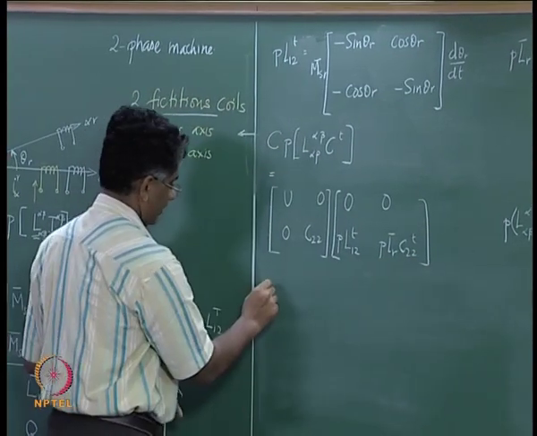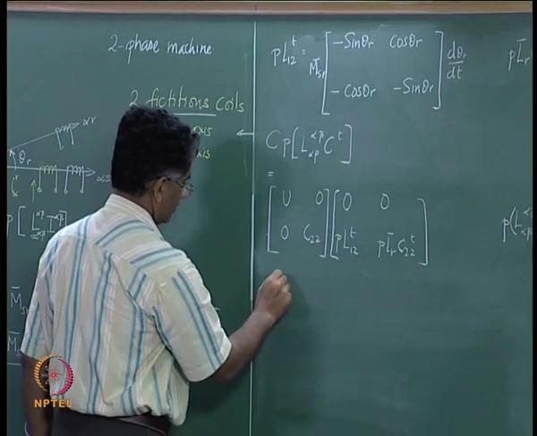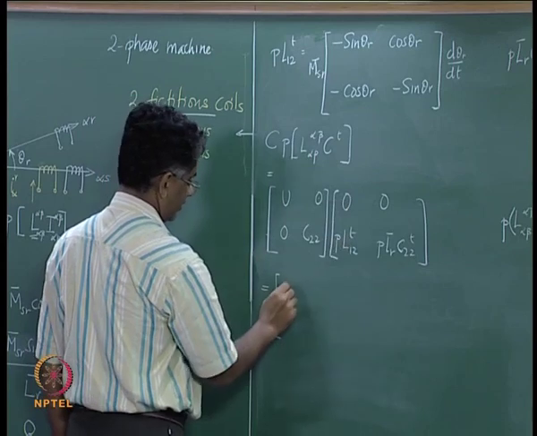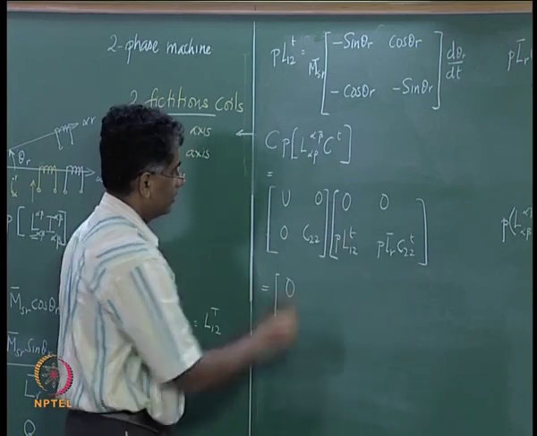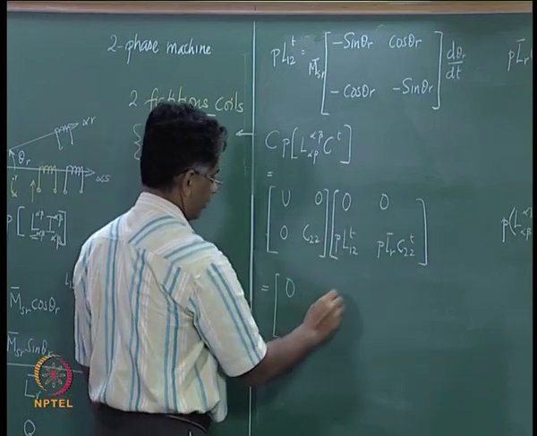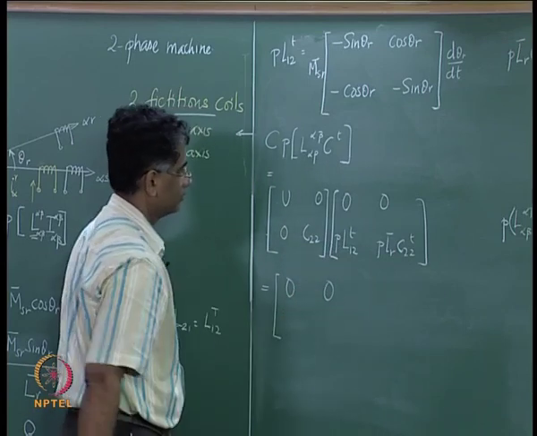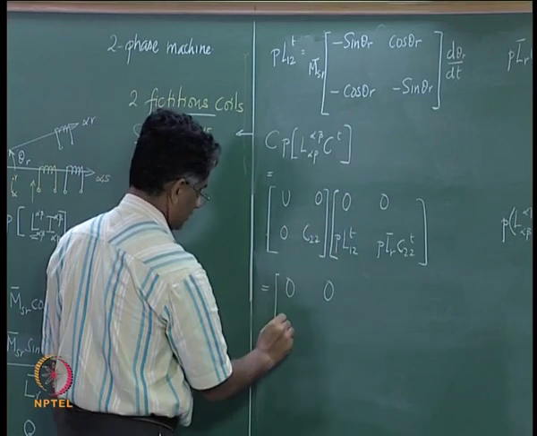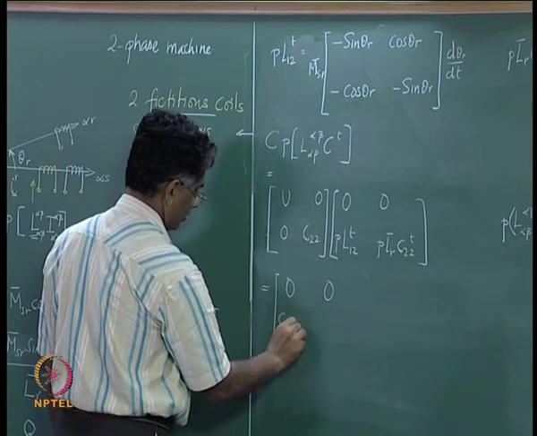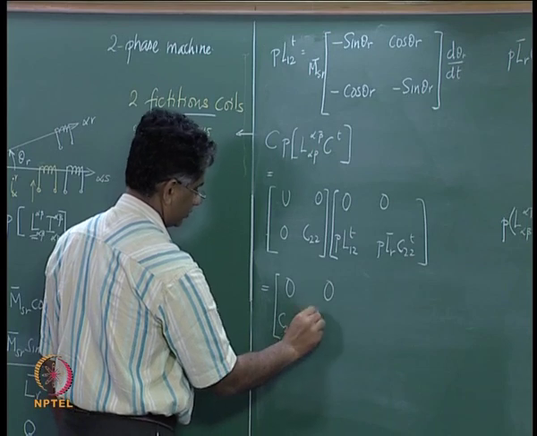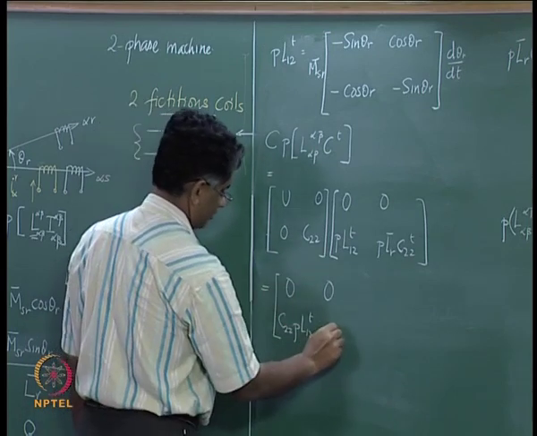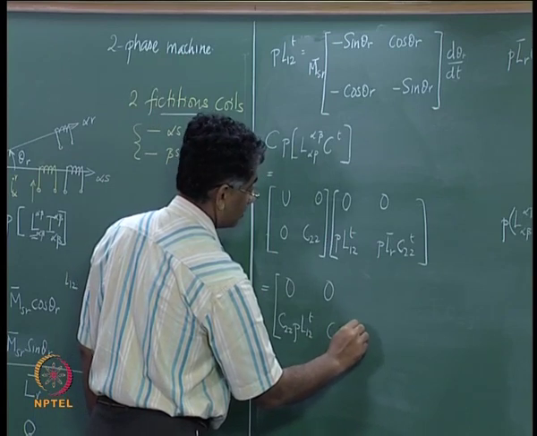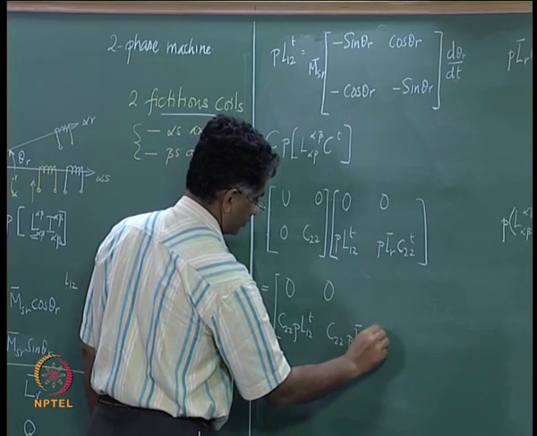This is what you have, and this term then simplifies to 0 multiplied by 0 is 0, and then 0 multiplied by 0 again is 0. The third term is 0 plus C22 into PL12 transpose, and the last term is C22 PLR C22 transpose.